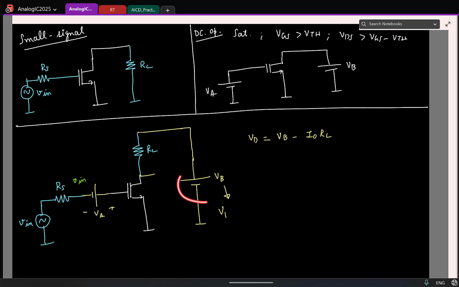So how should I change my VB so that I get back the same voltage? I should compensate the drop by increasing the voltage source. If I change it to VB plus IDRL, now there is going to be a drop of minus IDRL. Is that okay?